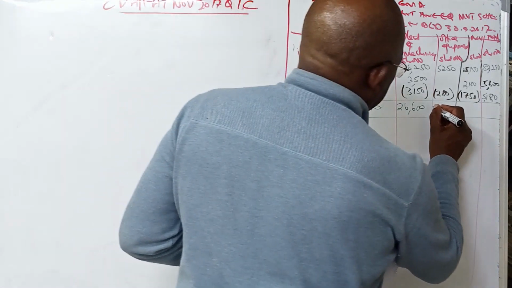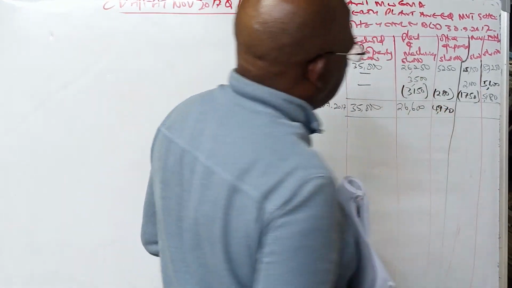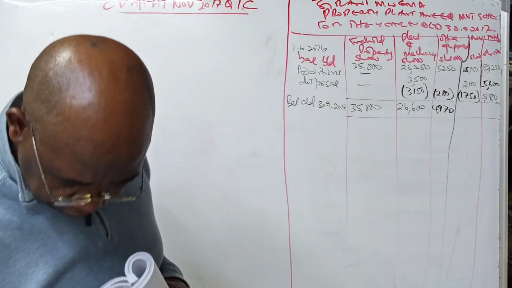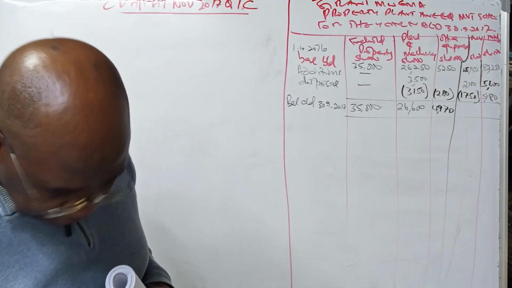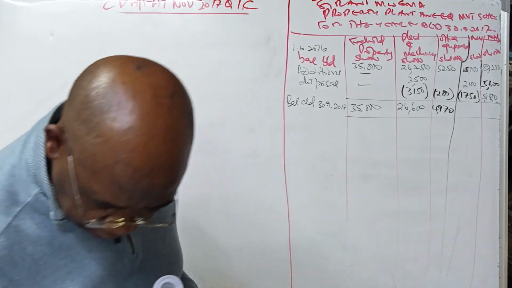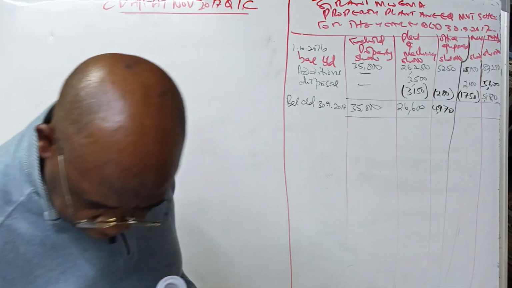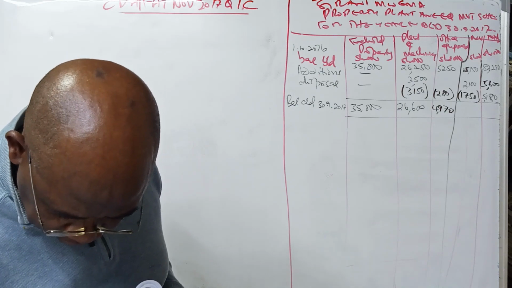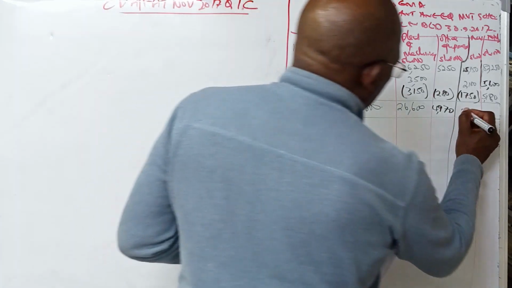Then motor vehicles, 15,750 plus 2,100 minus 1,750, we get a balance of 16,100.